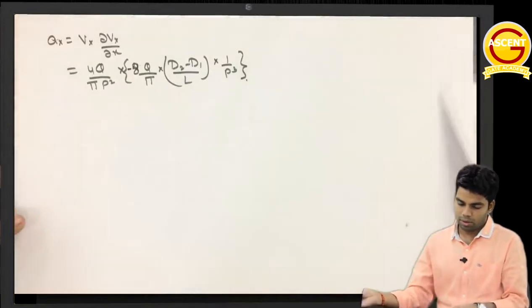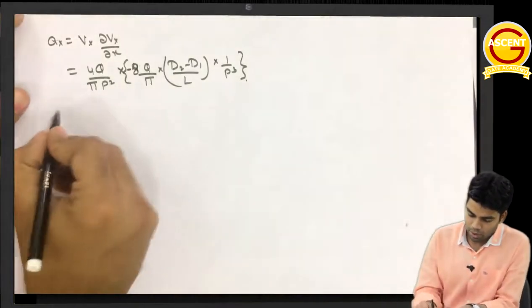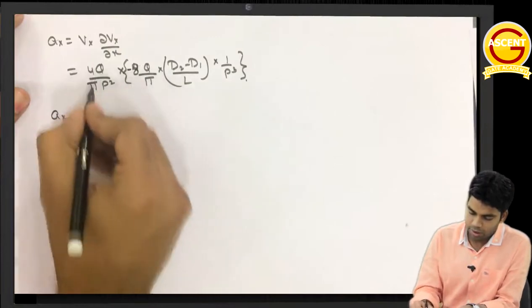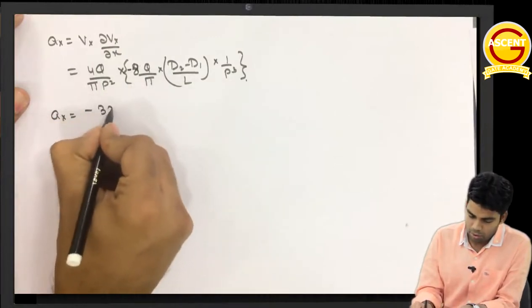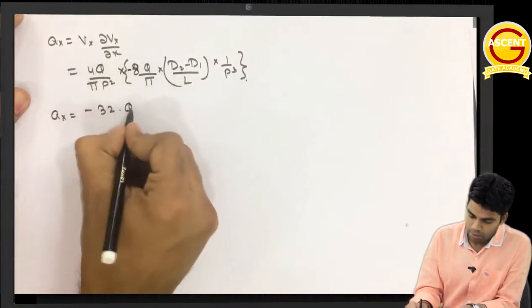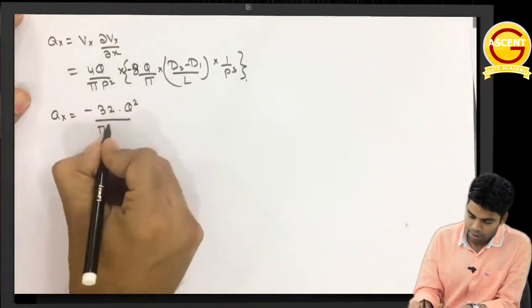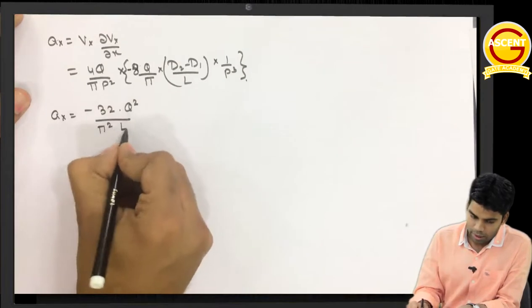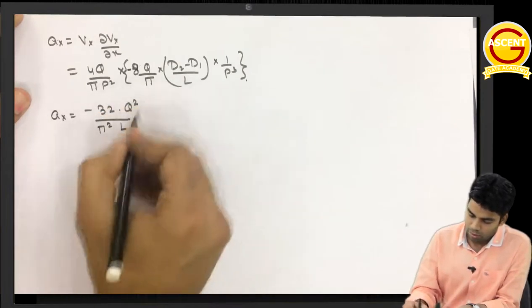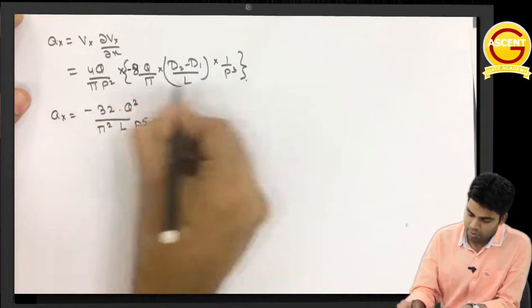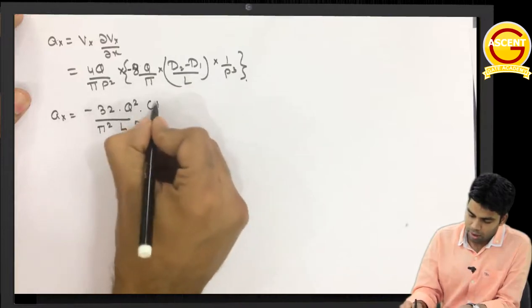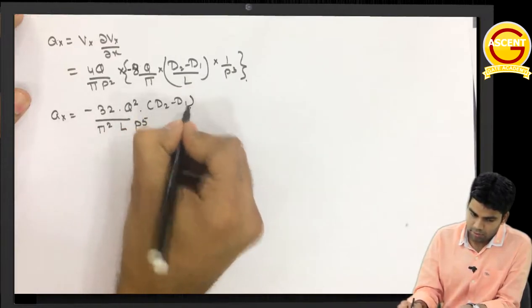Okay. Now this Ax will be equal to 8 into 4, this will be minus 32 into Q square, divided by pi square into L into p raised to the power 5, into (d2 minus d1).